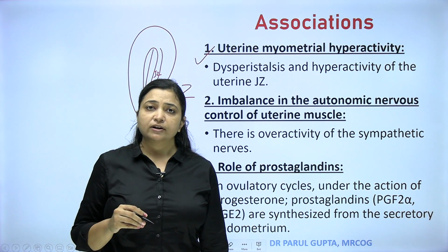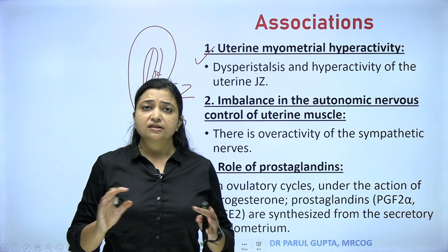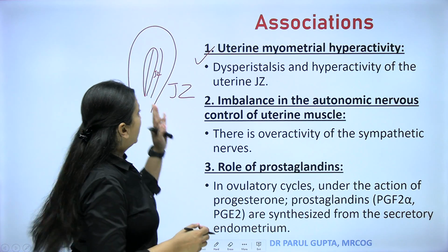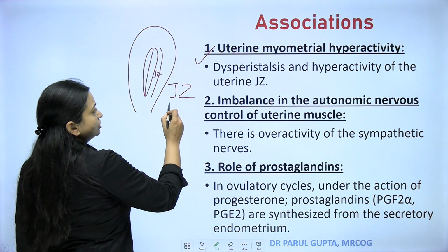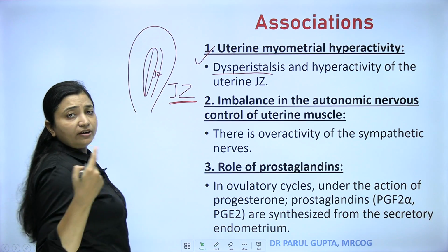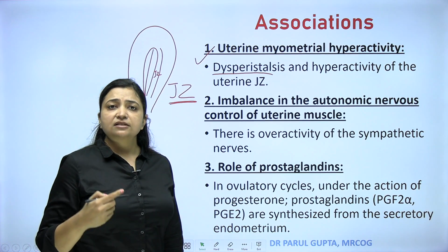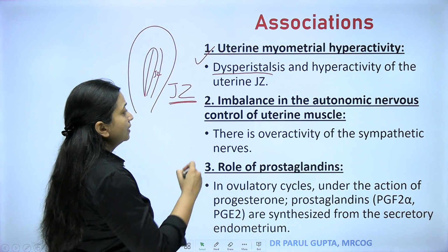In cases of endometriosis also we find implants here and extreme dysrhythmic activity over here. So, any dysrhythmia of the junctional zone will lead to dysperistalsis and myometrial hyperactivity, which will lead to pain. So, pain is mainly because of dysrhythmia of the junctional zone.